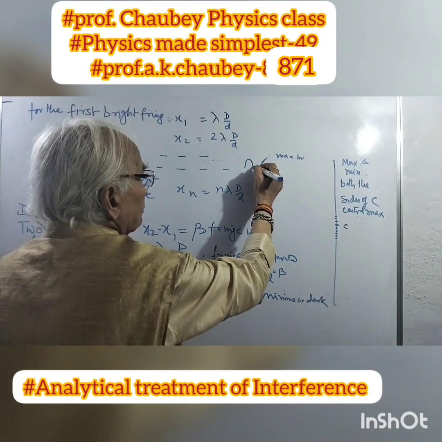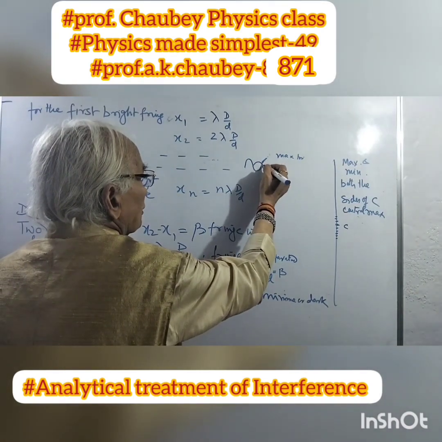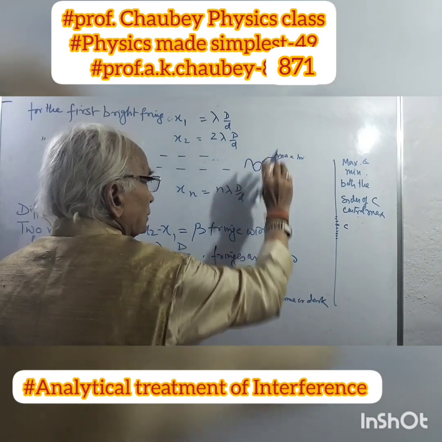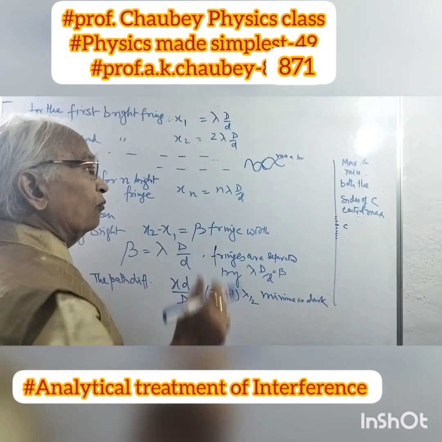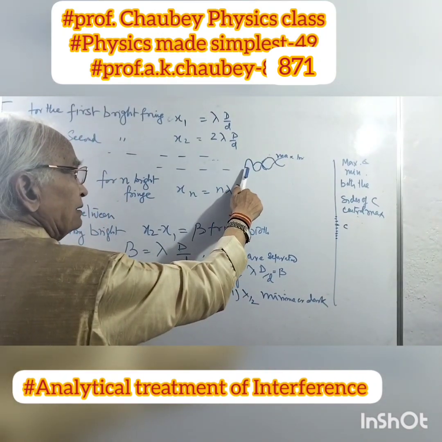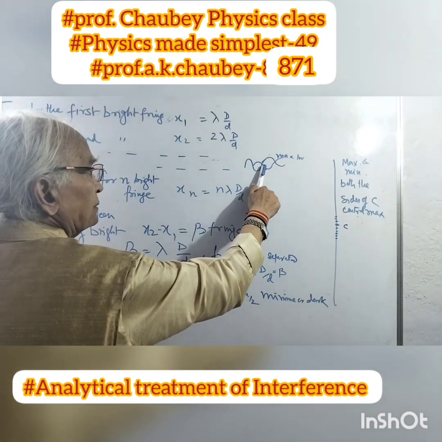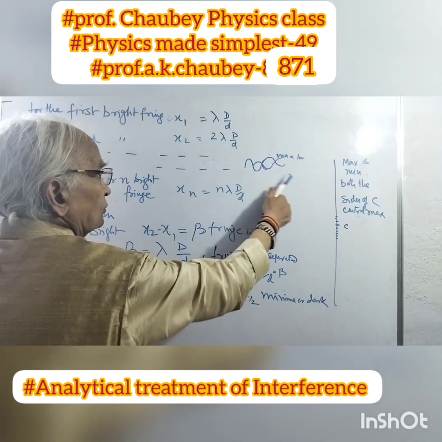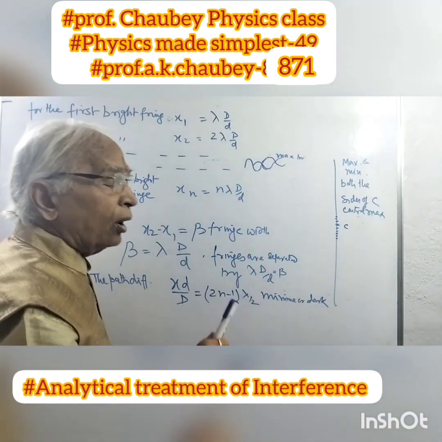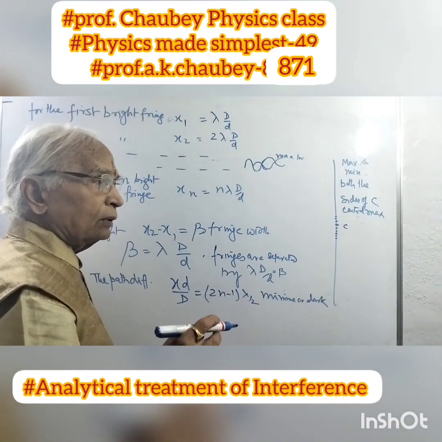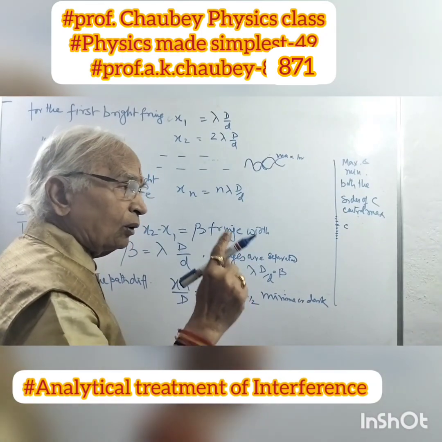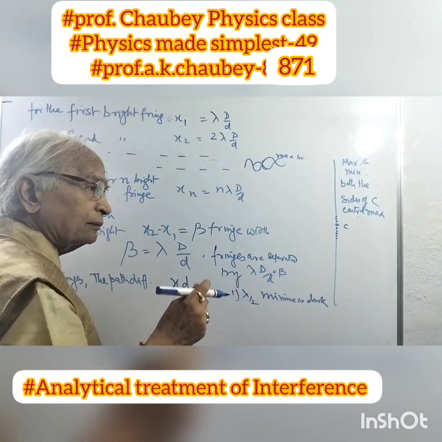So that both the waves are just opposite, the maxima of one opposing the other. So the path difference is lambda by 2. So it should be an odd multiple of lambda by 2, meaning 1 lambda by 2, or 3 lambda by 2, or 5 lambda by 2, like that.